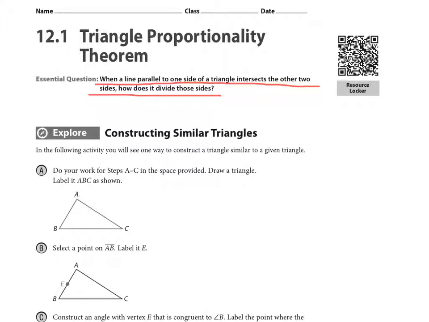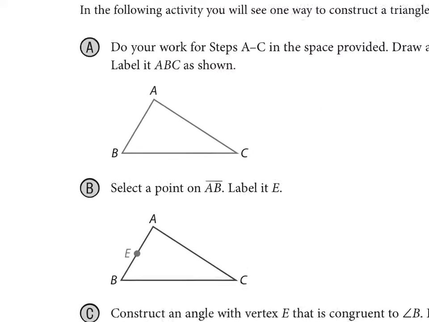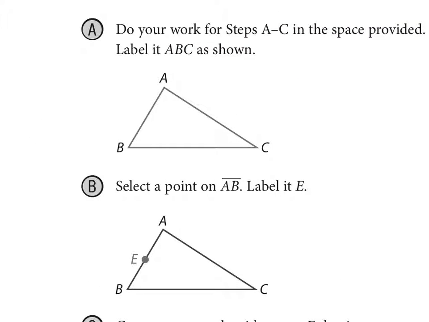So it says, if we look at this triangle here, when a line parallel to one side of the triangle intersects the other two sides. So I'm going to draw a line parallel to BC, and it intersects the other two sides. Okay, that's what they're talking about in that essential question.